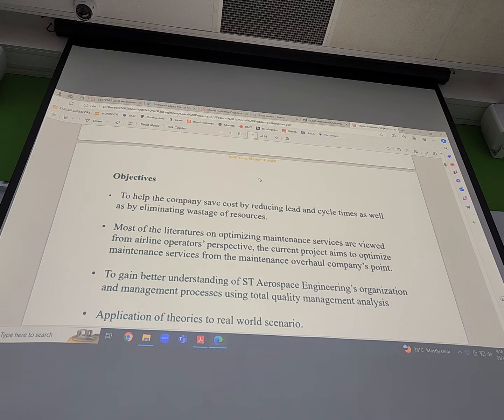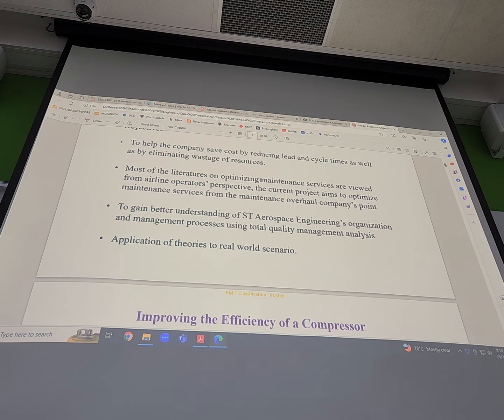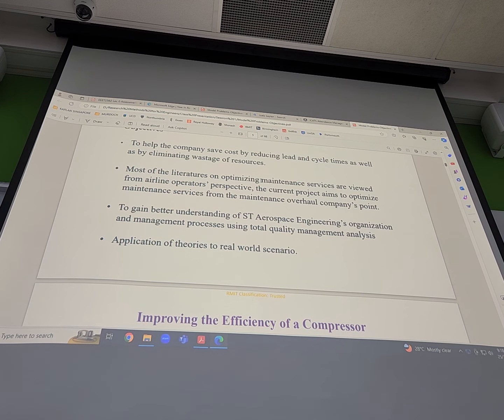The objective is, which is not very good, to help the company save costs by reducing lead and cycle times as well as eliminating wastage of resources. This is not a quantifiable objective.